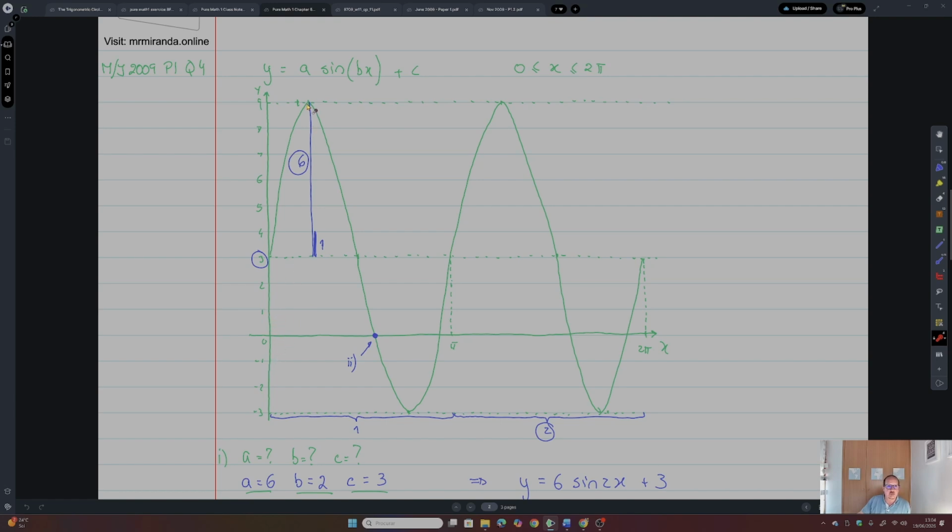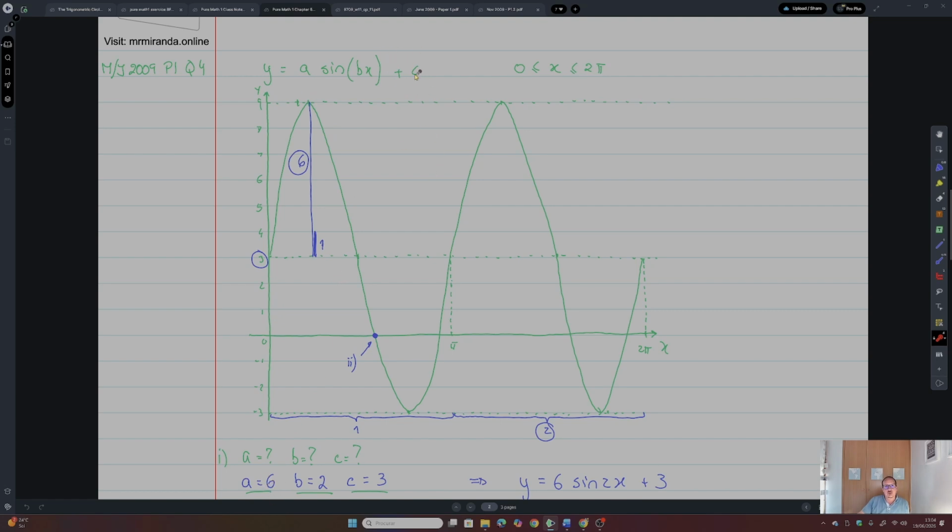And now you have a range that varies between -3 and 9, so it is a 12-unit range. So how much bigger is this range as compared to the original one? 12 is 2 times 2, right? Sorry, 12 is 6 times 2. So the vertical stretch a is 6.